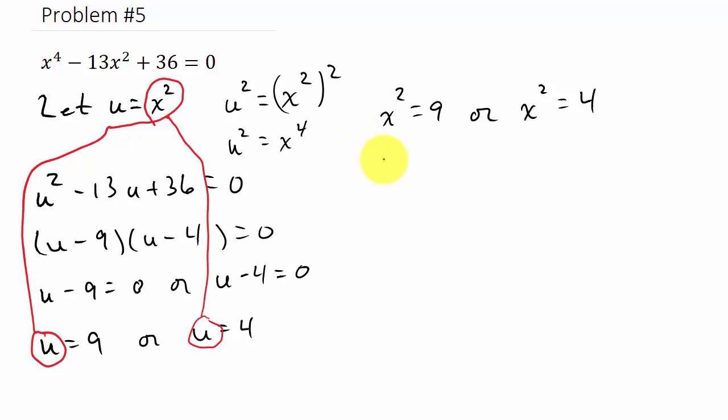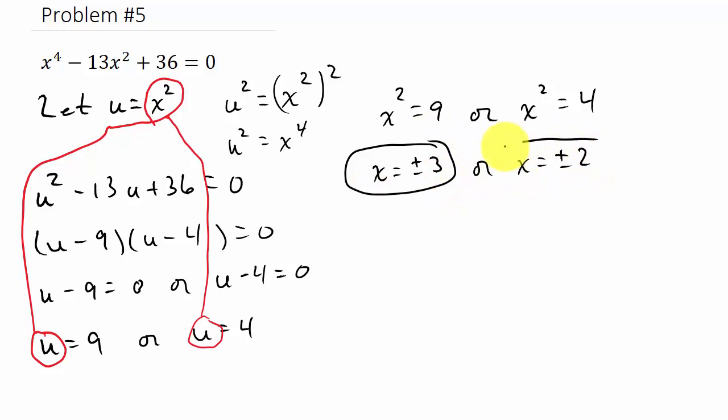Alright, and so now I just use the square root property on each of these. So x equals plus or minus, don't forget the plus or minus, 3, or x equals plus or minus 2. And there's your two solutions, or not two, four solutions. Positive 3, negative 3, positive 2, and negative 2.